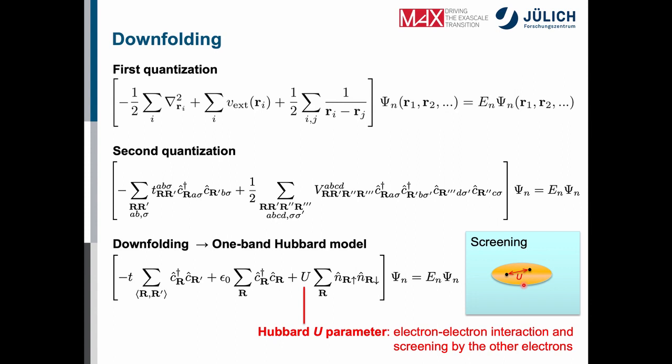So the Hubbard U parameter contains a lot of the complexity of the full many-body problem. Whereas the hopping parameters are relatively straightforward to calculate, it is the Hubbard U parameter that makes things more complicated. And this talk is about calculating the Hubbard U parameter from first principles.